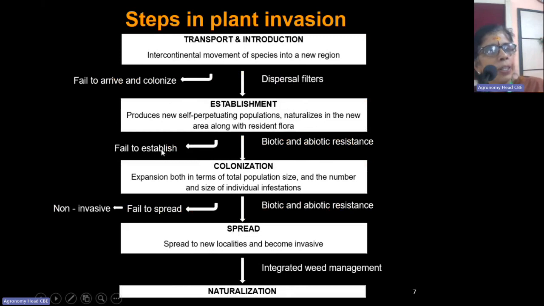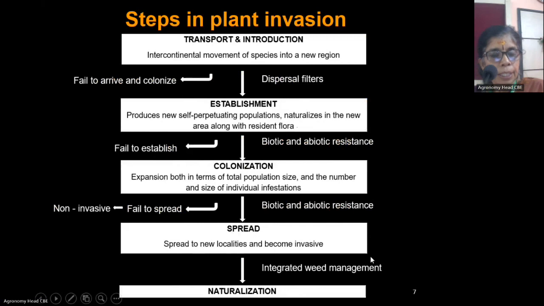So transport and introduction, then comes the establishment, then it colonizes. For colonizing, biotic and abiotic stress resistance is the most important property. Most of these species have all sorts of adaptations so that they are able to multiply and ramify. Then once they colonize, they are able to spread.